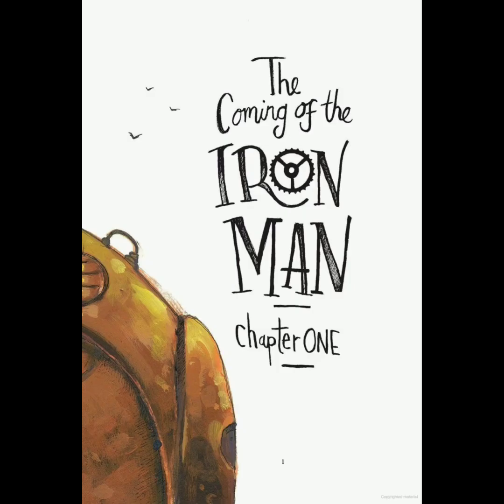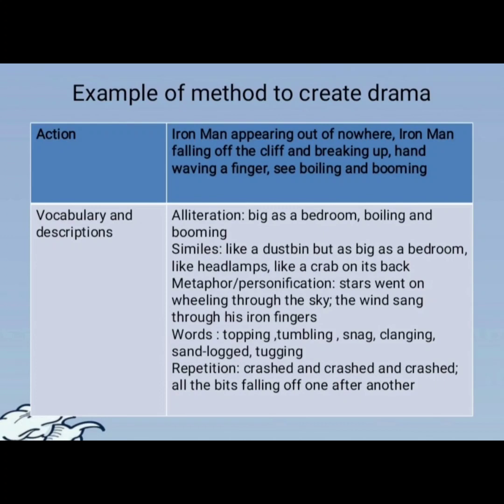The coming of the Iron Man is the opening chapter of the novel. Here, the author Ted Hughes creates drama, so let us see what he uses to create drama in his novel. First is the use of action, as in what happens.